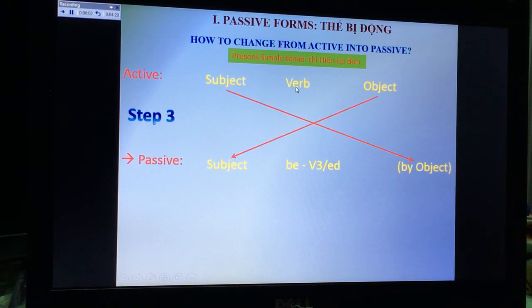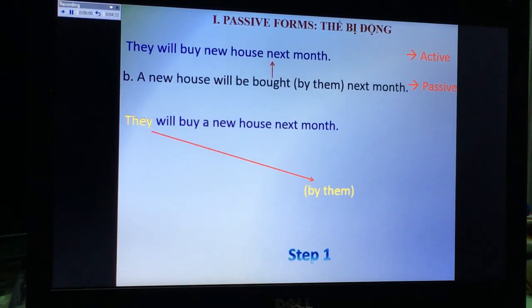And the last step, we change the verb into be and V3 or V-ed. Now, you follow the 3 steps above for sentence B.